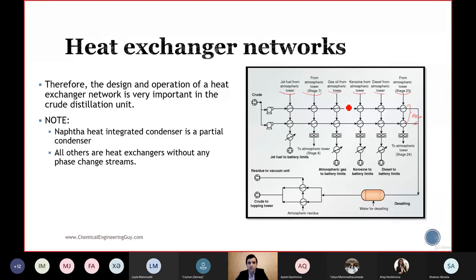After the heat exchangers, we have the air coolers or even the water coolers to bring the products to the desired temperature at the battery limit. And then it is sent to desalting. After desalting, we have the N2.